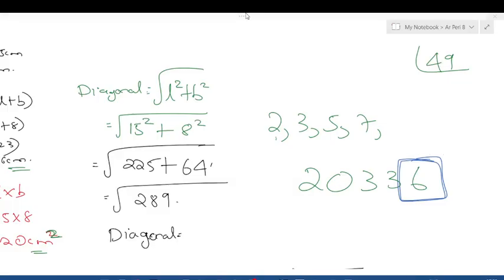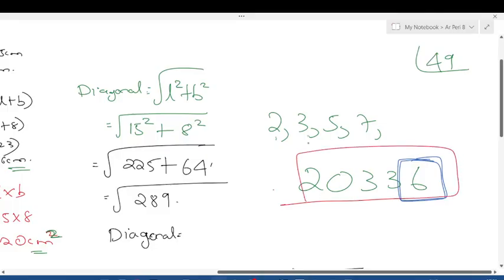Is 6 divisible by 2, Amilda? Why no? You don't know 2 times table? See, 6 is divisible by 2. Therefore, this entire value is divisible by 2, students. That is the rule for 2.